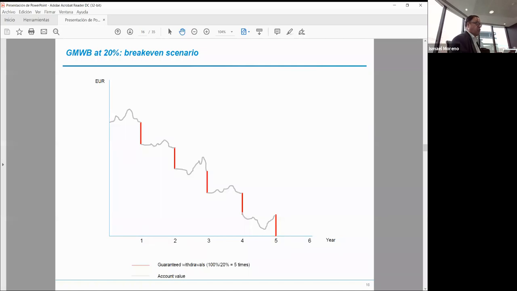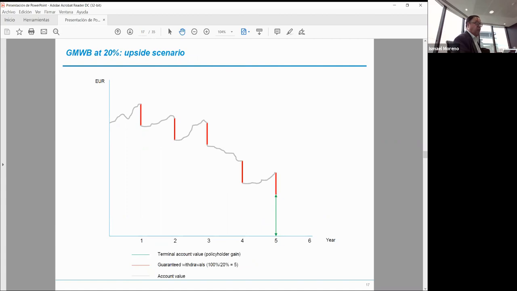If the fund hasn't changed in value, as in this slide that you're seeing there, then nothing would happen. I would end up in year 5, and the fund account value would be 0, and then everyone's happy. I've obtained the amount of money that I wanted to withdraw, and the insurance company option has not been exercised.